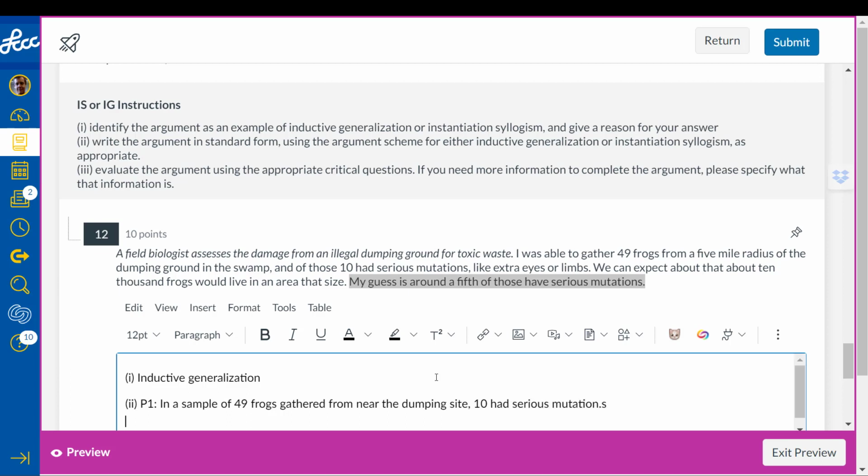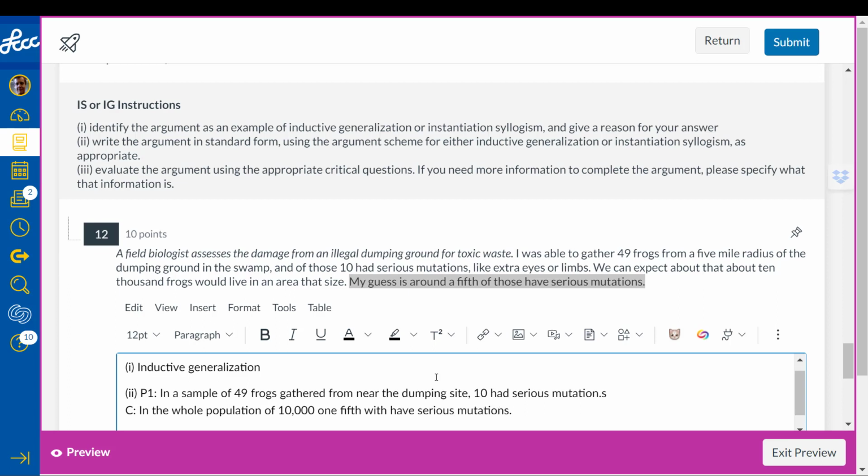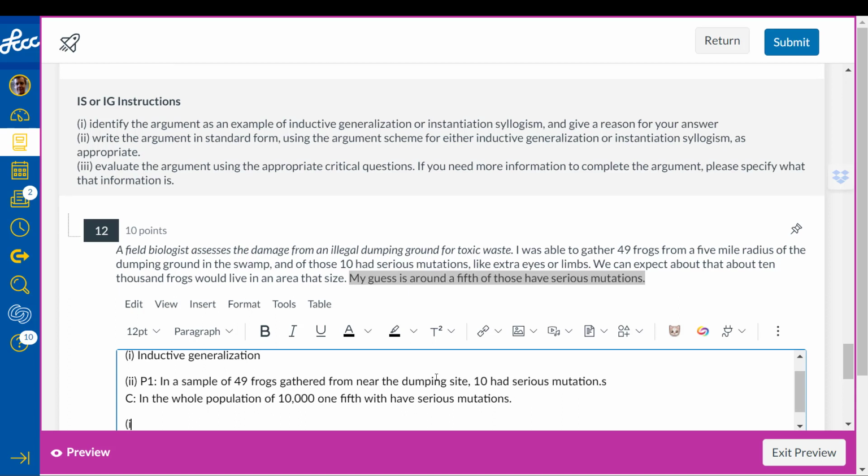Therefore, in the whole population of 10,000, 1/5 will have serious mutations. The critical questions here are, is the sample large and is the sample representative?